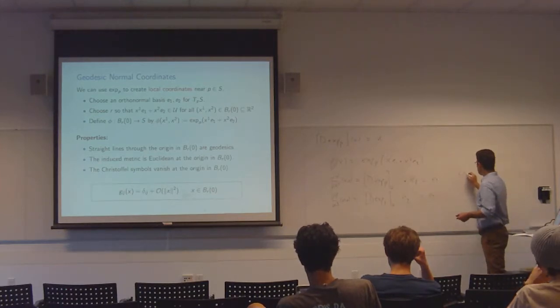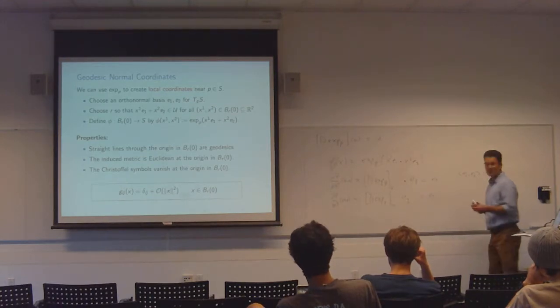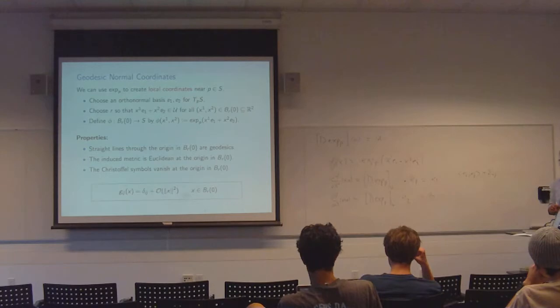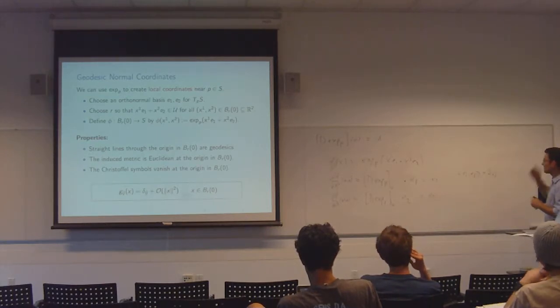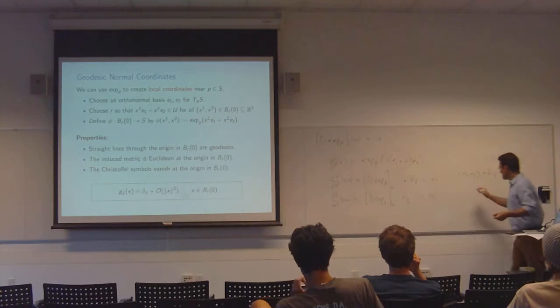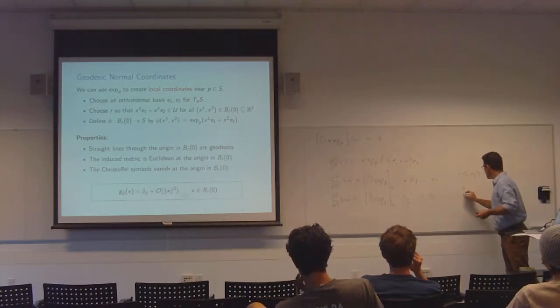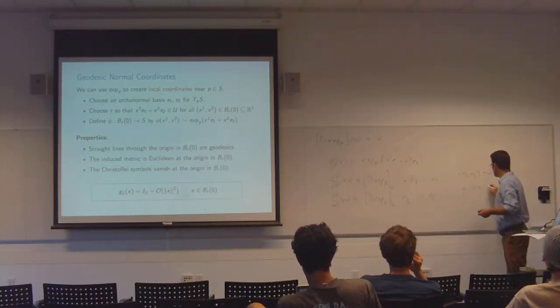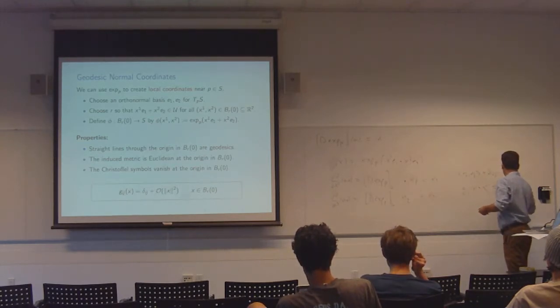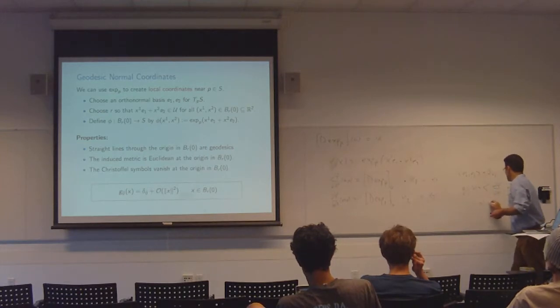And of course, we already chose the inner product of Ei and Ej equal to delta ij. This was our choice that we made at the beginning when we constructed these coordinates. We decided to choose an orthonormal basis, which we can easily do by Gram-Schmidt, in the tangent plane at P. And so, of course, then Gij at 0 is the inner product of d phi by dxi with d phi by dxj, which is just delta ij.